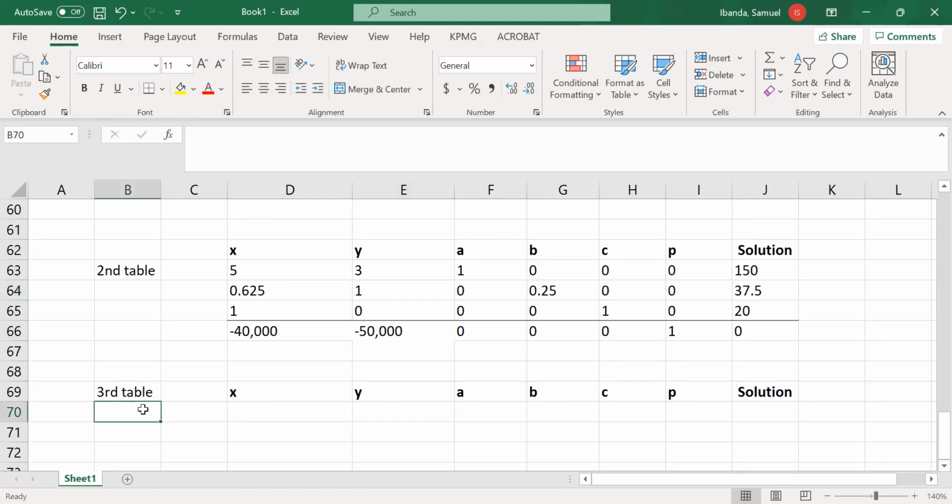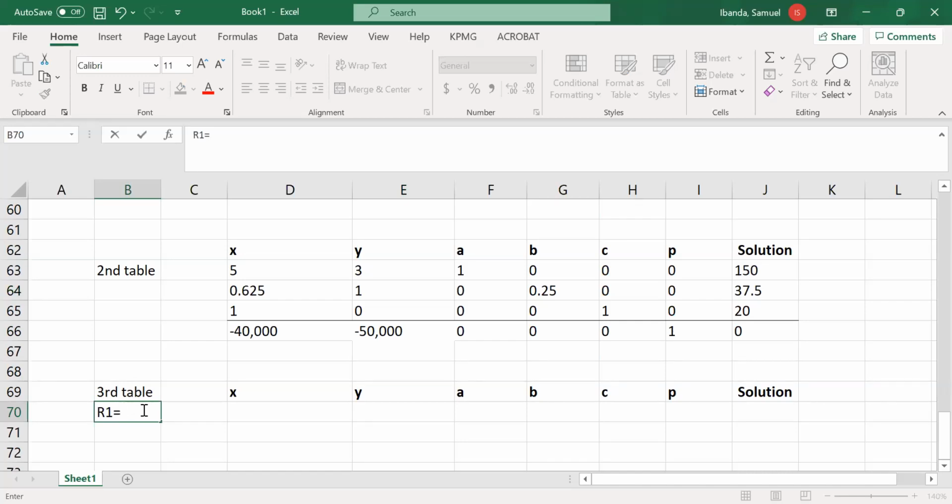This row, this is row 1, okay? So row 1 will equal to 3, okay? Because I want to make it 0.